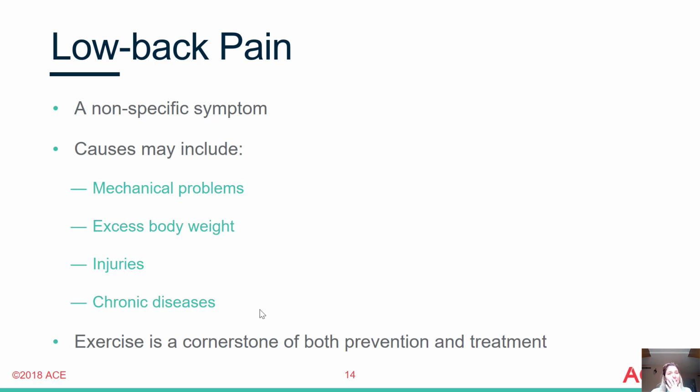This is a common area that we're going to see in many of our classes. So definitely focus on strengthening the core. Things that strengthen the abdominals and the lower back are going to help those individuals with low back pain. But gentle range of motion and flexibility exercises are important for this population too.